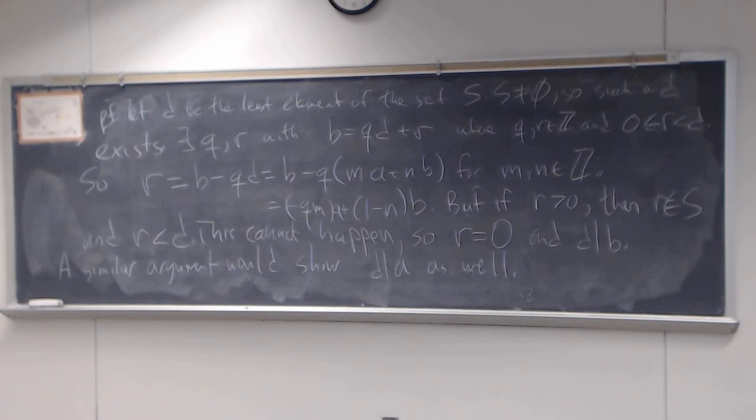So you get R1 is Q2 R2 plus some remainder R3, where R3 is less than R2. So the remainders are positive numbers, or zero, that keep getting smaller and smaller. Eventually they must get to zero.